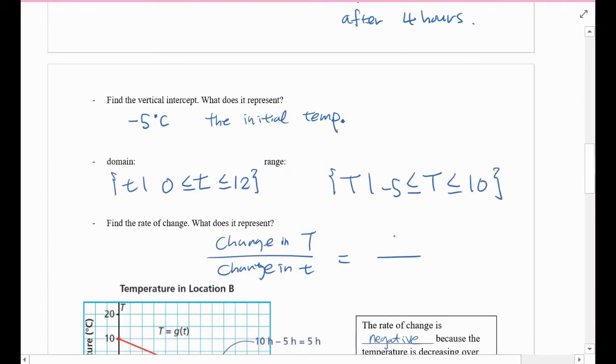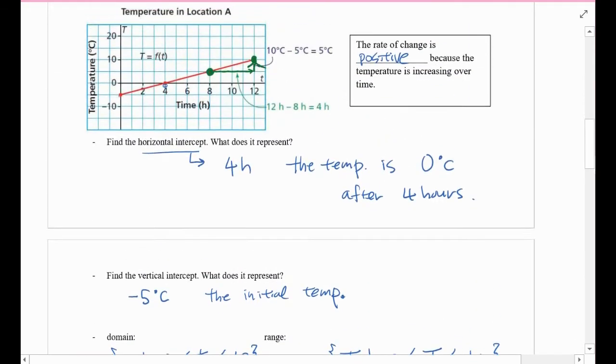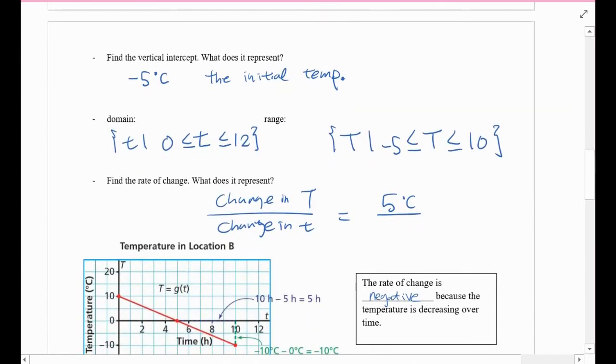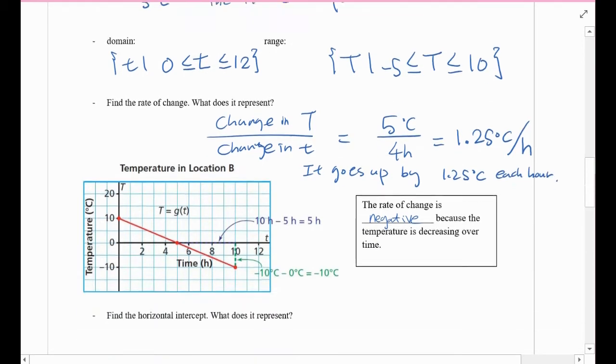The change in T is 5, and the change in t is 4 hours. If you calculate it, it is 1.25 Celsius degrees per hour. So it goes up by 1.25 degrees each hour. Okay, next.